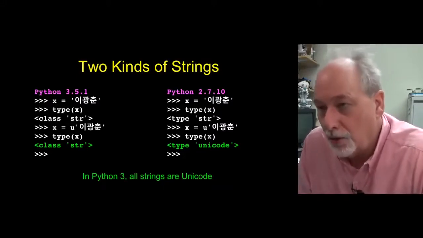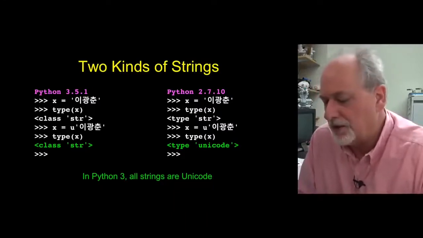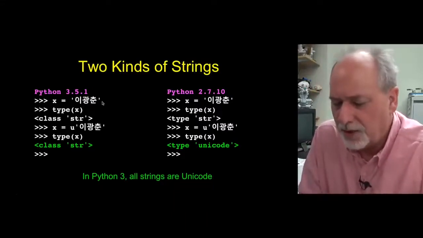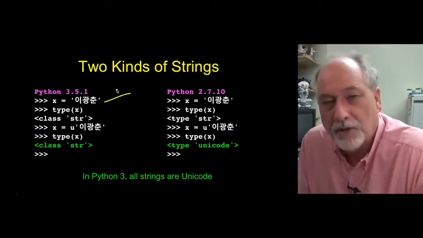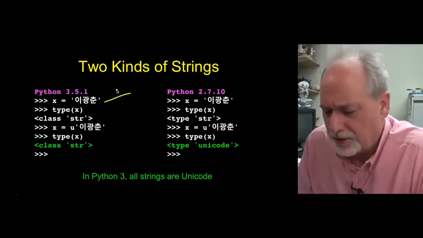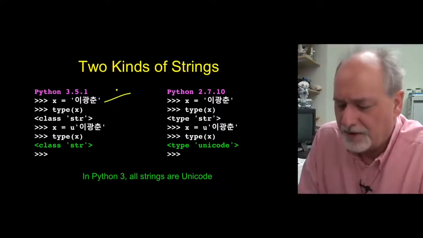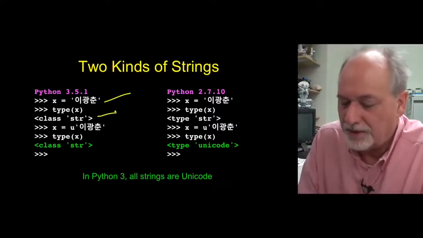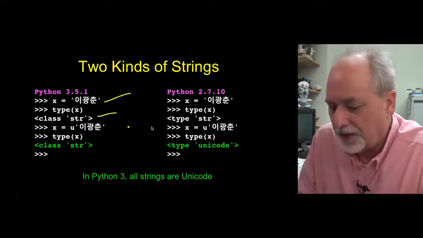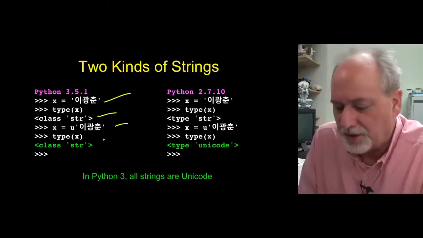In Python 2, there was some confusion as you went between strings. Here is a little bit of code where I'm putting some Asian characters, this is Korean actually, into x, and then I say what kind of thing this is, and that is a string. In Python 3, even a Unicode operation is still a string.